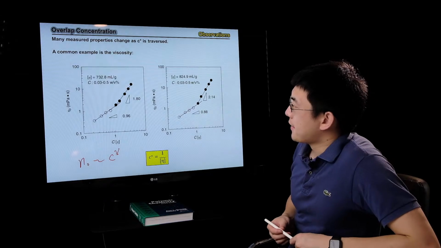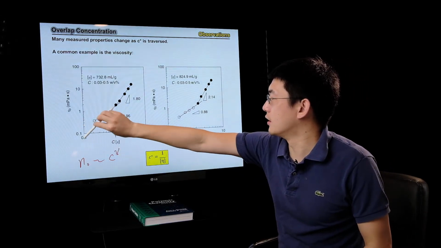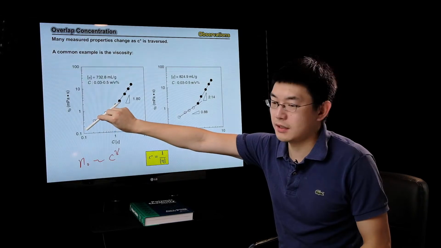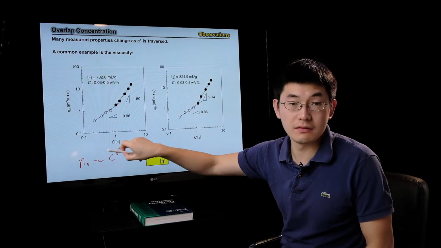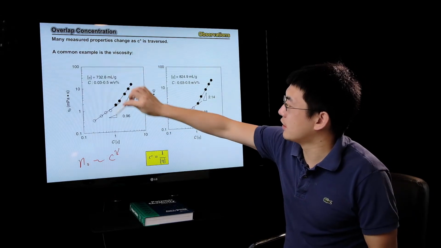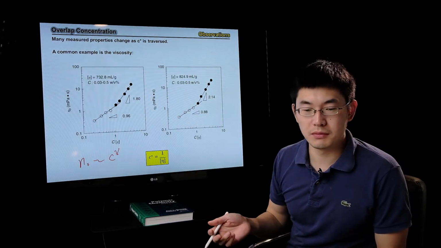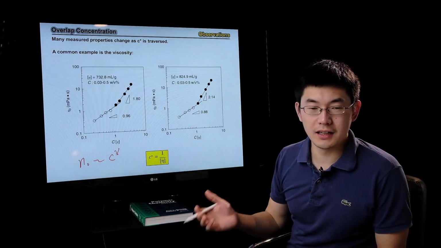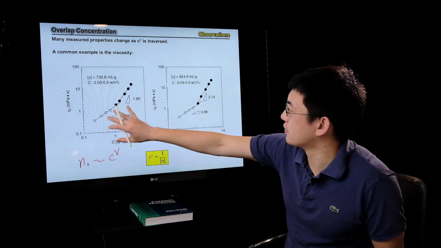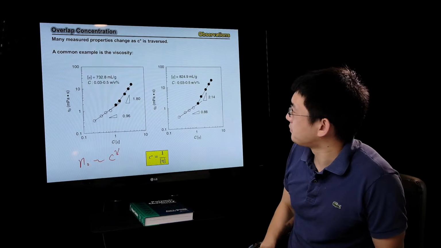And you can see that there's going to be a region where your viscosity scales linearly with a log scale of C. And there's a region where you now see a big deviation, as shown in the black dots. This is happening when your polymers start touching and entangling with each other, okay? So you can see quite distinctly there are two different regions.